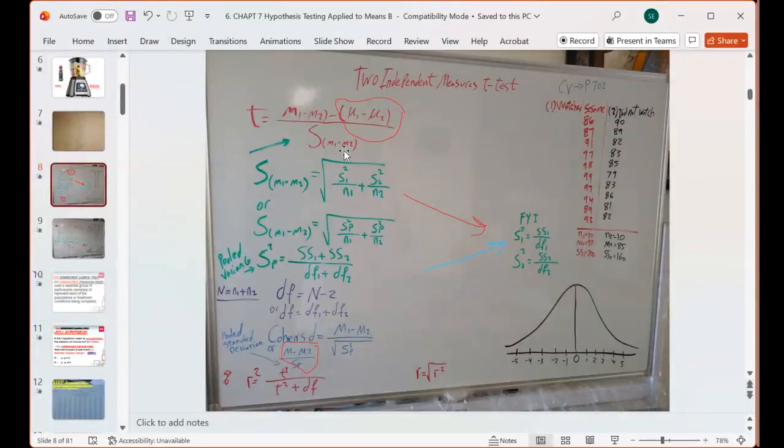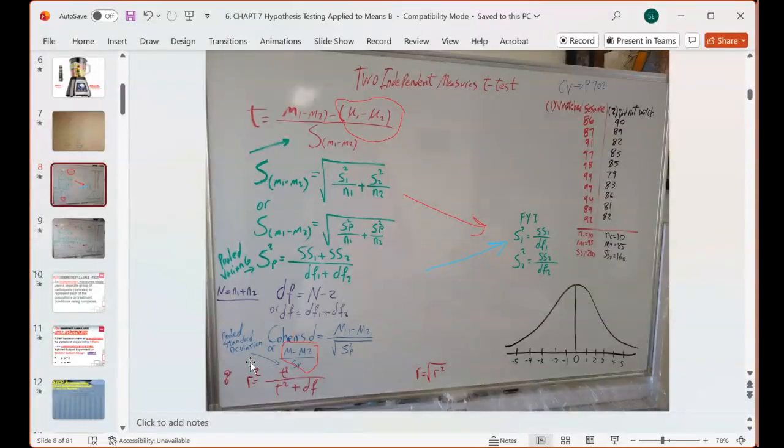Once you've done that, it gives you the value for t. And df, the total number, we have 20, 10 in each group, minus 2 would be 18.